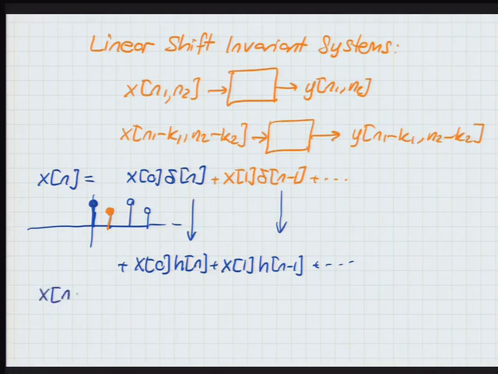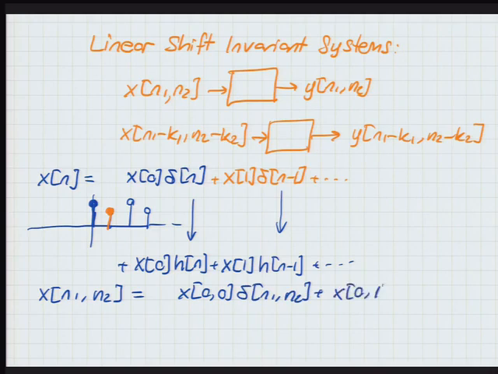So there is no reason I can't do the same thing for a two-dimensional signal. If I have x of n1, n2, I can write that as x of 0, 0 times delta of n1, n2 plus x of 0, 1 delta of n1, n2 minus 1, and so on and so forth, right?